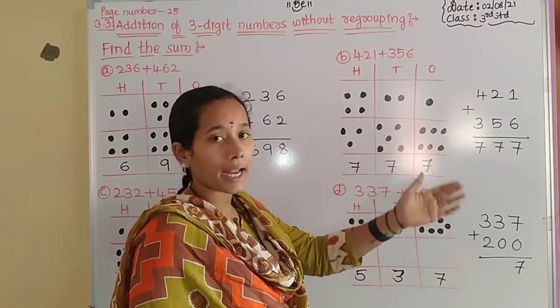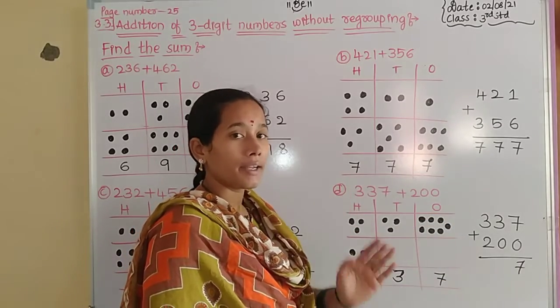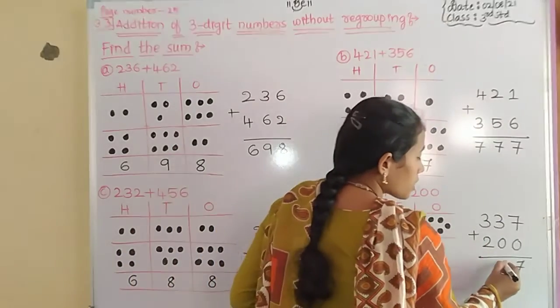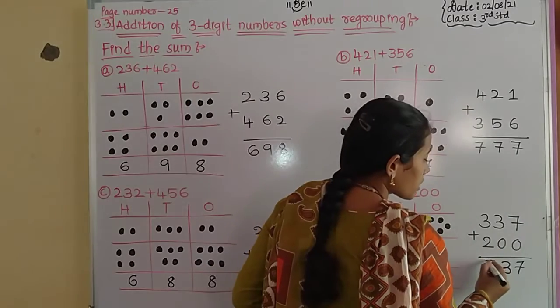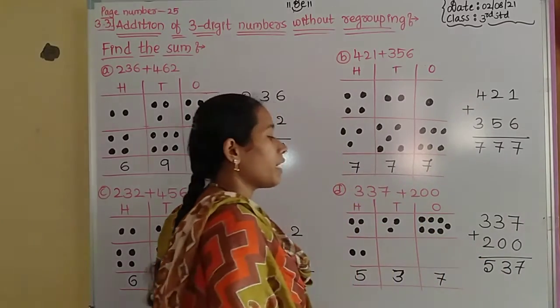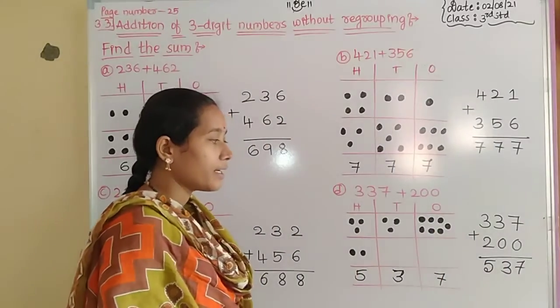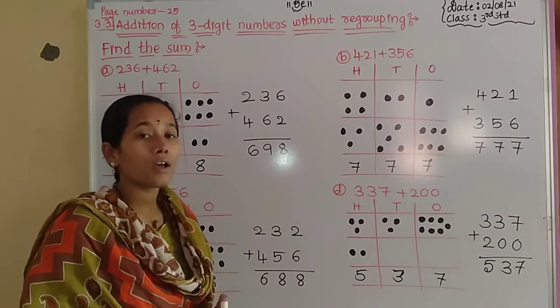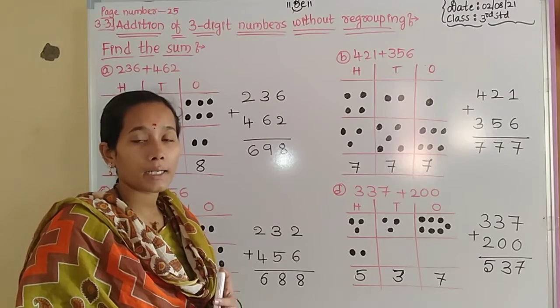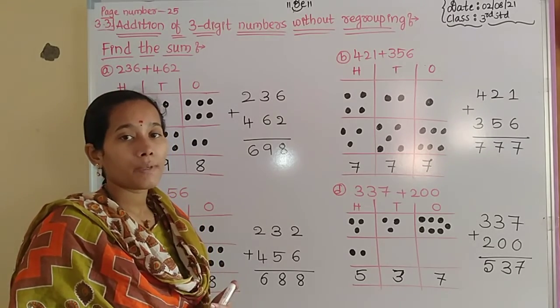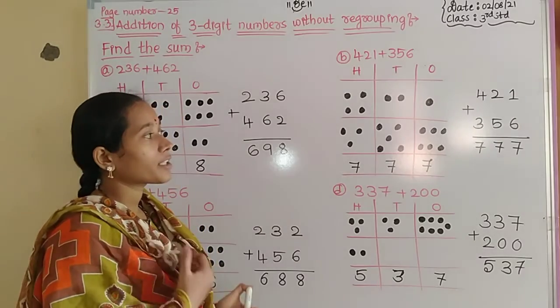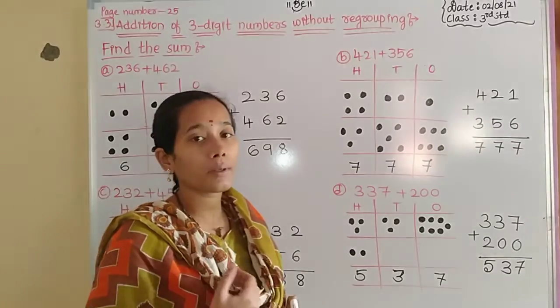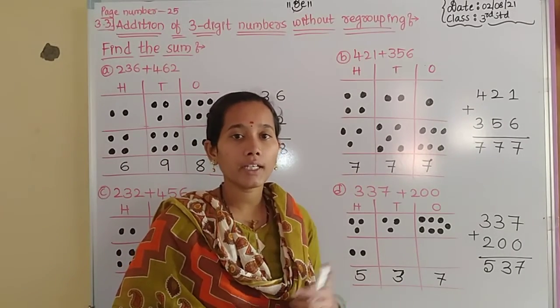When any number is added to 0, we get the sum as the number itself. Then 3 plus 0 is equal to 3, 3 plus 2 is equal to 5, and the answer is 537. This is the addition of three-digit numbers without regrouping, and representation of the placements or the positions. In the next class, we will discuss some more examples on this topic only. Thank you.